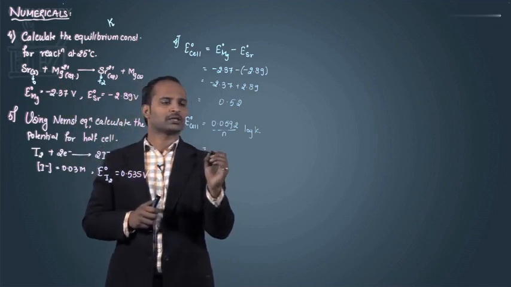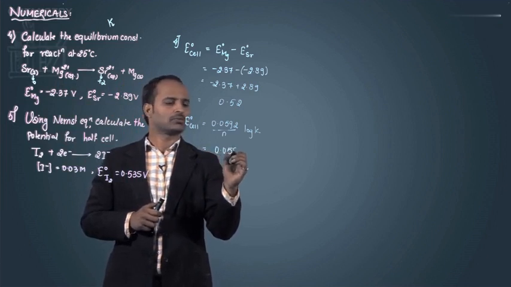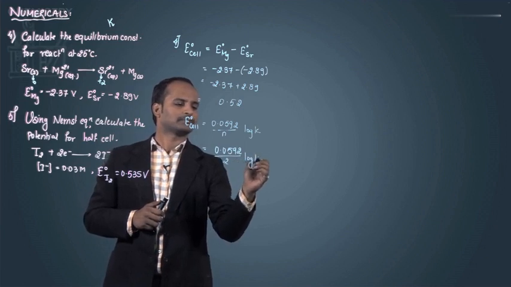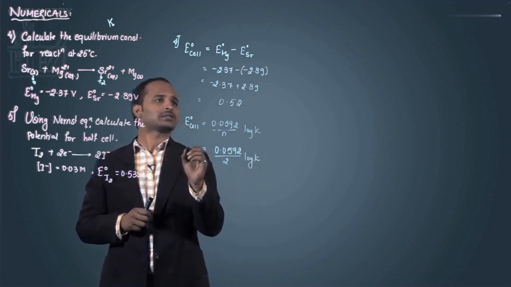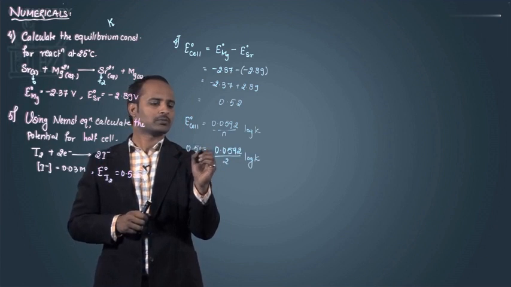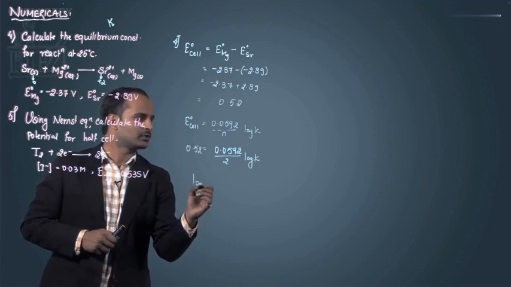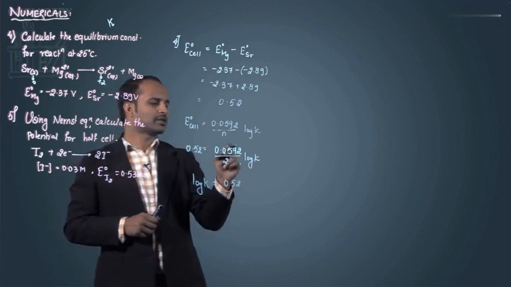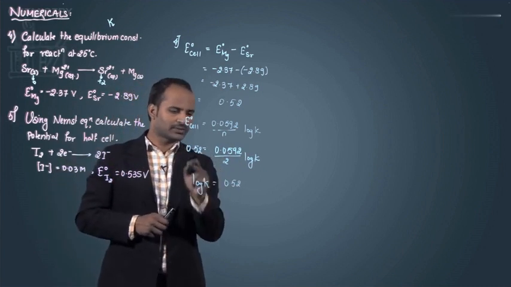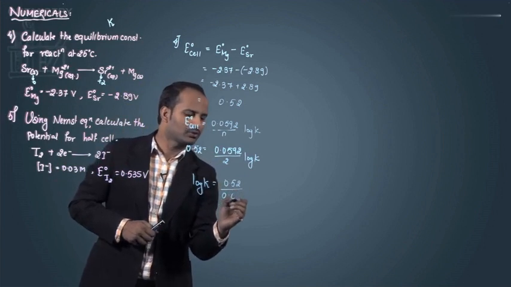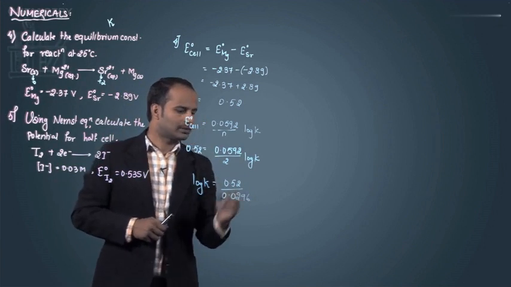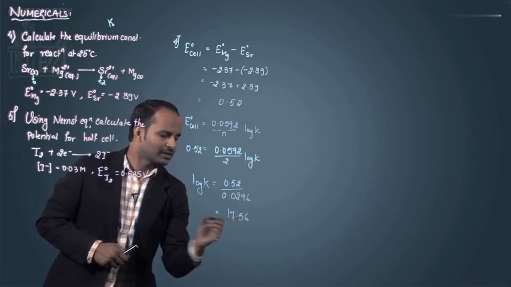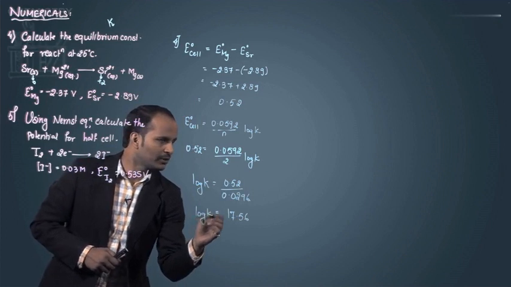So it is 0.0592 upon 2 log of K, and E naught cell is 0.52. So log of K is equal to 0.52 divided by 0.0296, and when you divide it you will get 17.56, that is log of K is equal to 17.56.